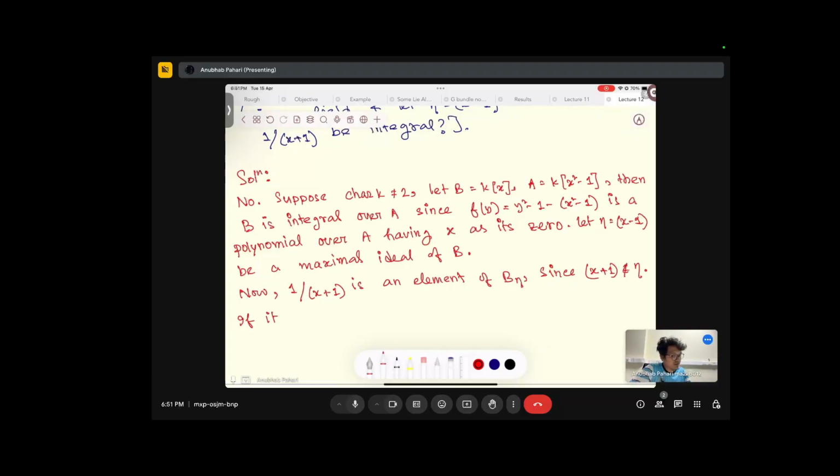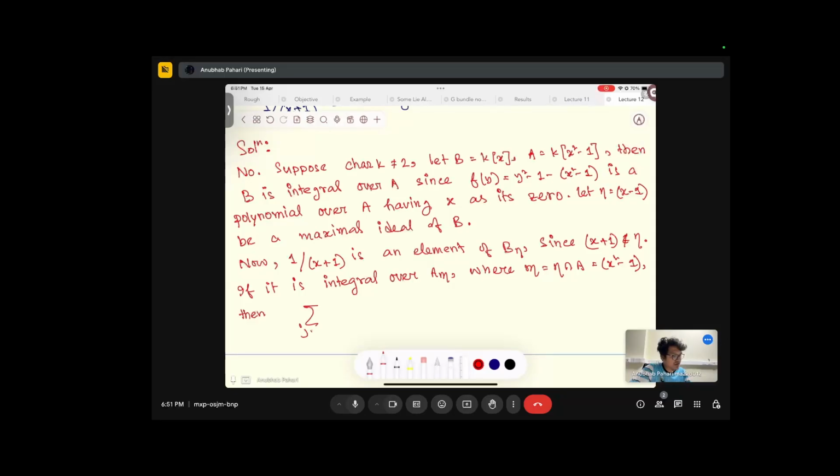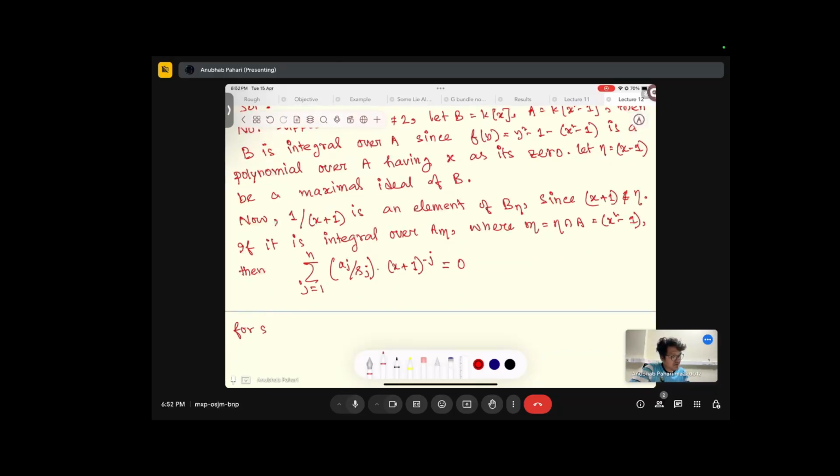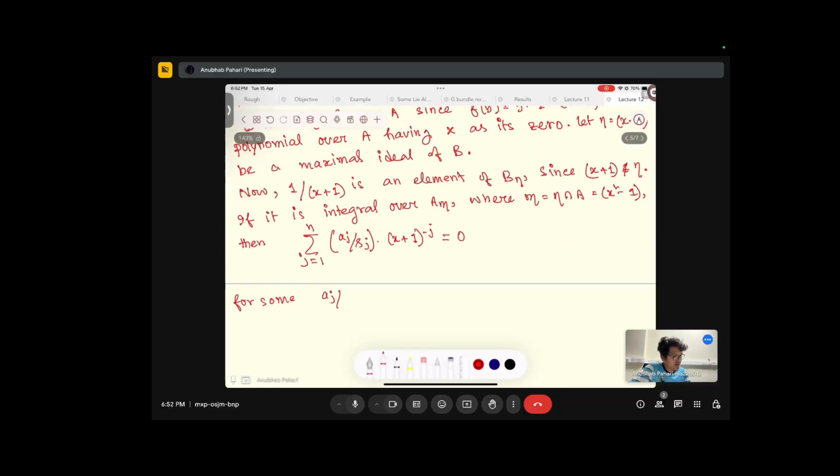If it is integral over Am, where m equals n intersection A, x squared minus 1, then the sum j equals 1 to n of aj by sj times 1 by x plus 1 to the power j equals 0 for some aj by sj in Am with an equals 1.